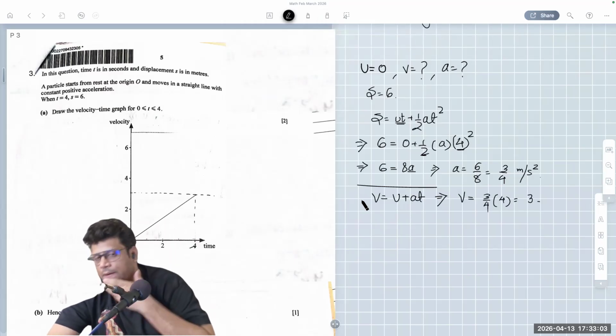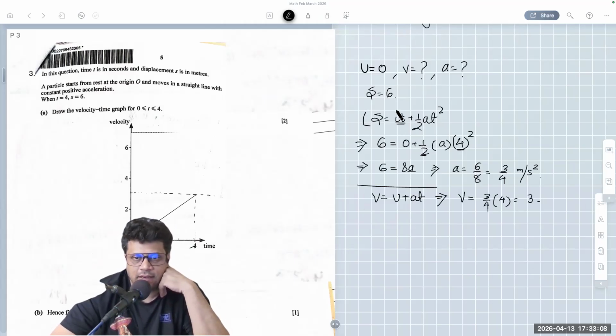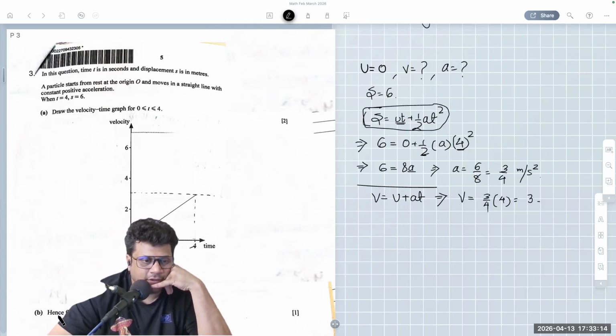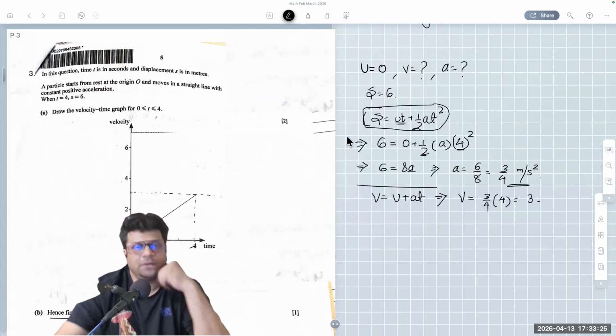But what if I don't want to do it without the formula here? And they have literally asked you for the acceleration in the next part, which I have already found. So this is not the correct approach then. What can I do?